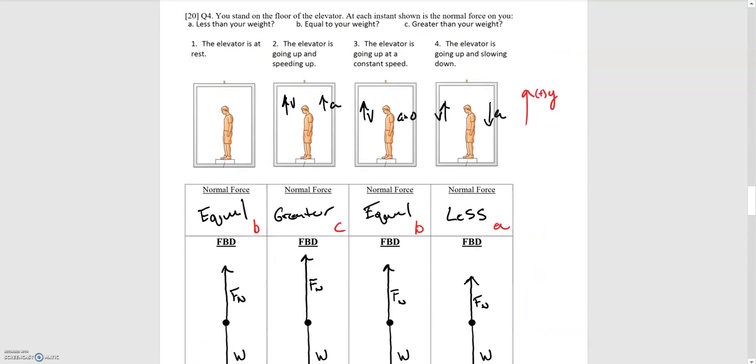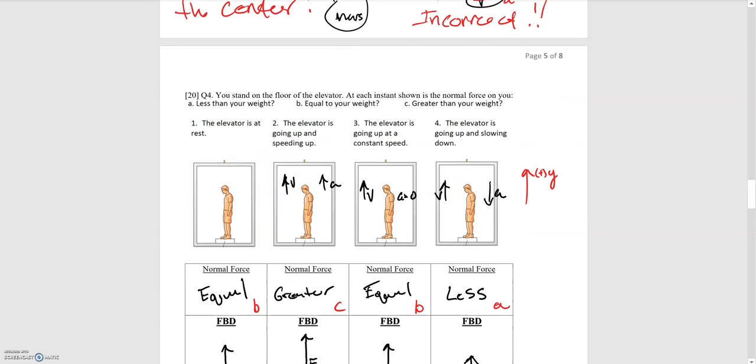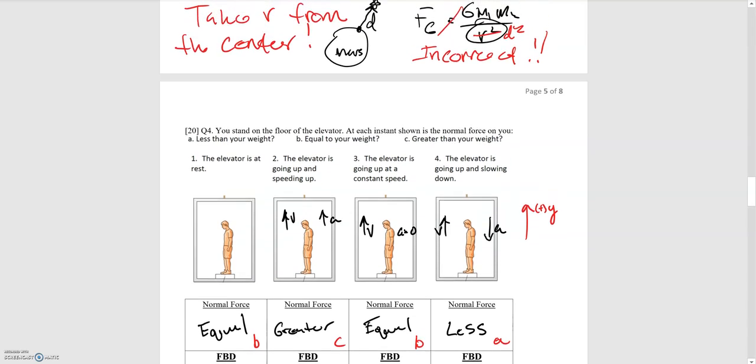Moving on to question 4, you stand on the floor of an elevator at each instant shown. Is the normal force on you less than your weight, equal to your weight, or greater than your weight? So we did some examples like these. It's just worded a little differently, but we dealt with elevator problems within our note packet.